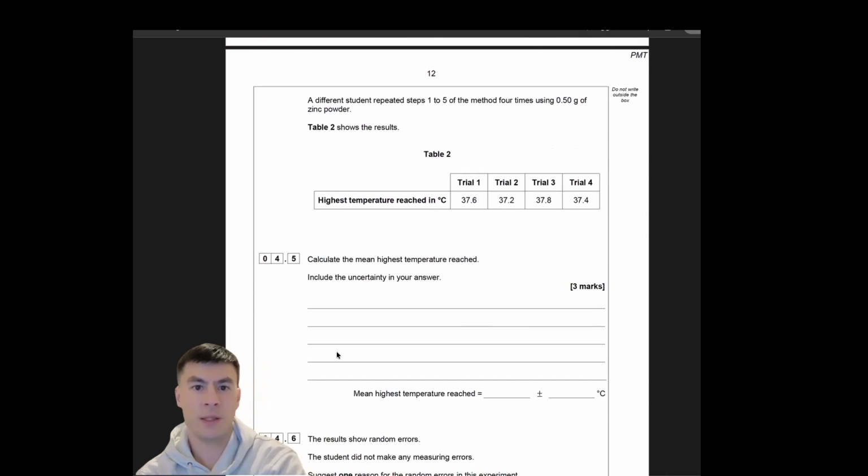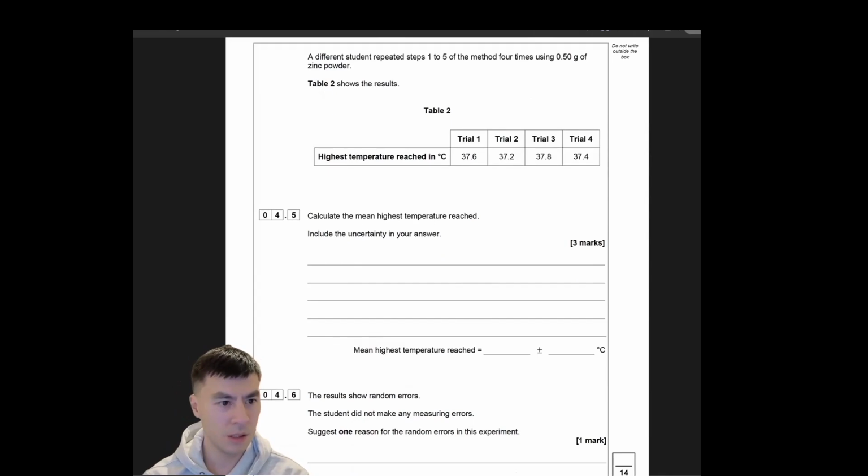Okay, a different student repeated steps 1 to 5 of the method 4 times using 0.5 grams of zinc powder. Highest temperatures reached: 37.6, 37.2, 37.8, 37.4. Calculate the mean temperature: add them up, divide by 4.